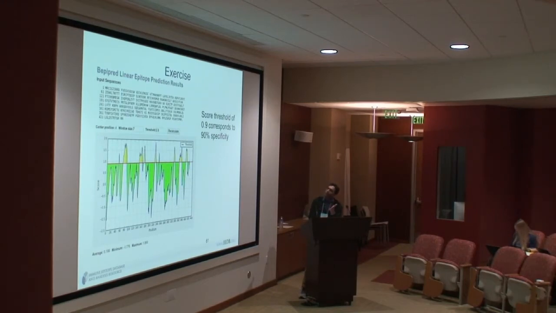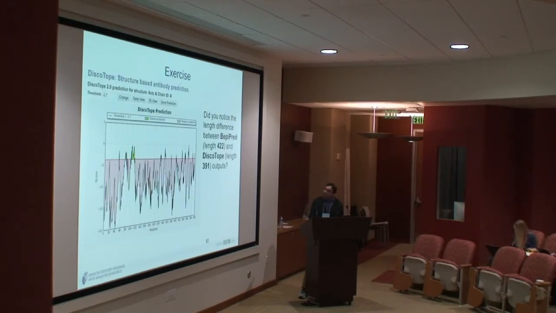Specifically, for this particular score, the threshold is 90%. So let's say you have narrowed down to these epitopes from Epitope. Similarly, just by using the default score threshold, you should have results like these for DiscoTope.